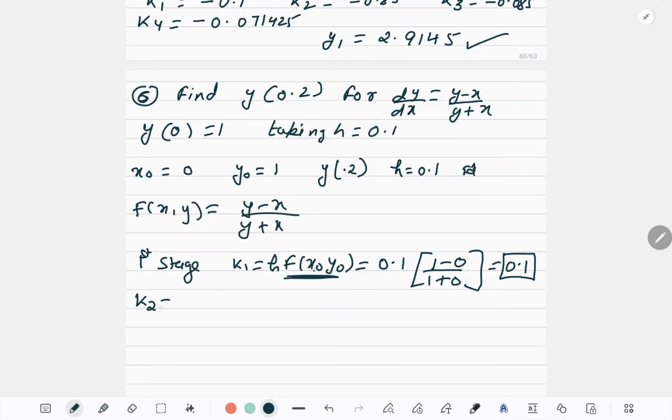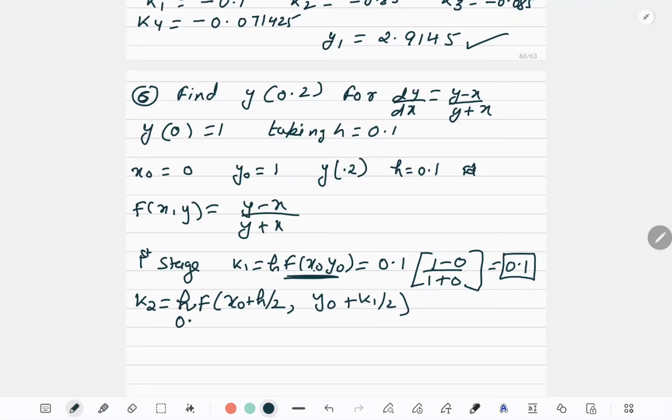Now go to K2. K2 is h f of x0 plus h by 2 comma y0 plus k1 by 2. What is the value of h here? H is 0.1. So I'll substitute the value.